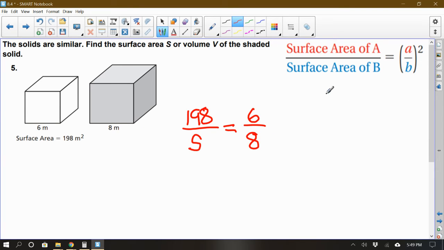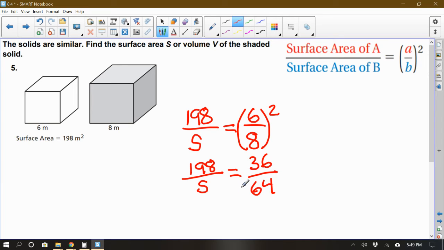But that's not it. No, we're going to square that. So put that in parentheses and square it. All right, let's start simplifying that. Well, there's nothing I can do over here, so I'm just going to bring this down. 198 over S, and that equals, well, 6 squared is 36, and 8 squared is 64. Okay, we're getting some big numbers here.